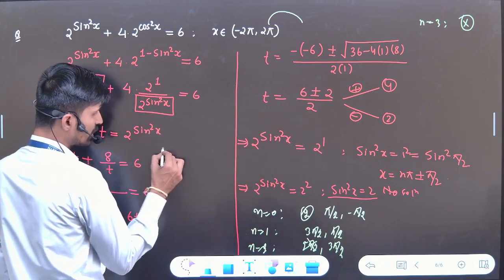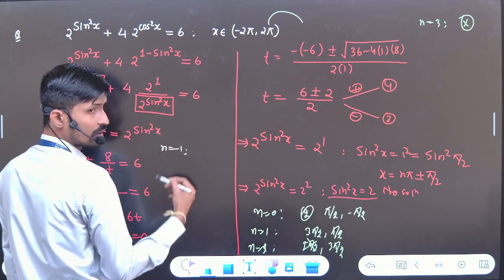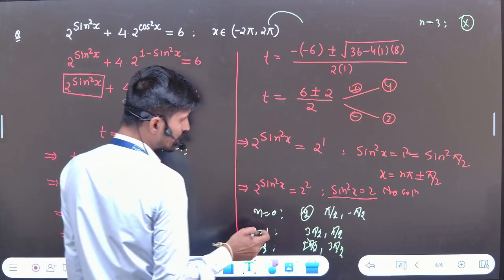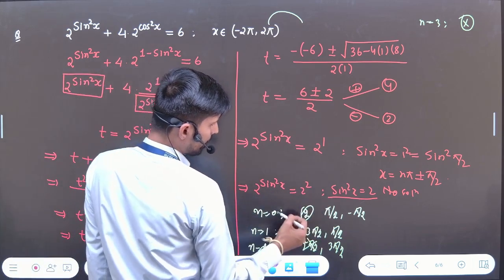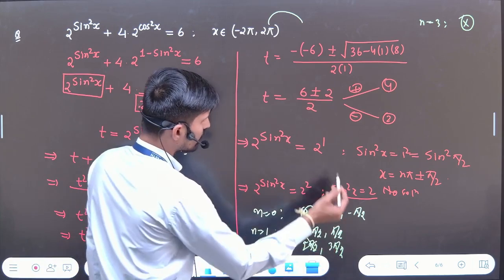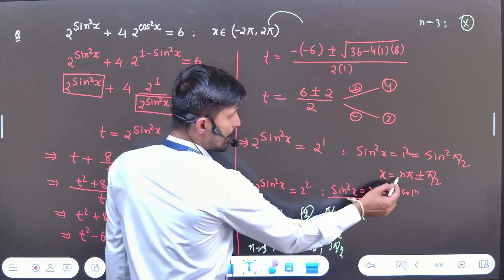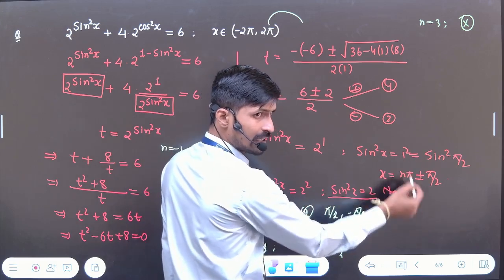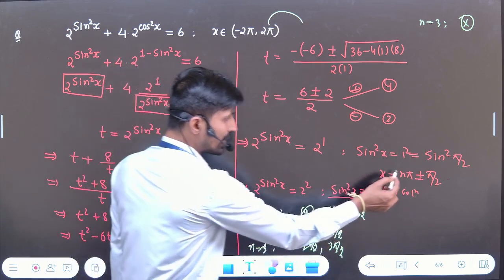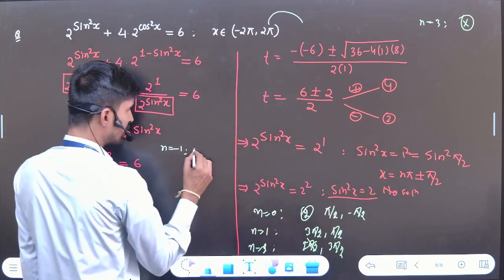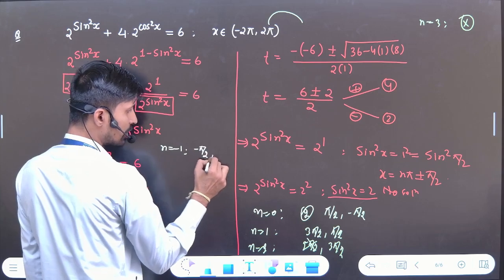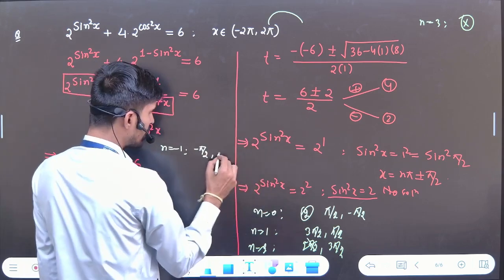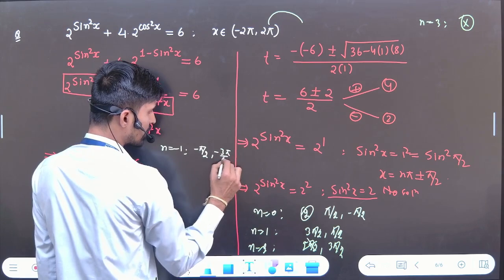n is equal to minus 1. When we put minus 1, what will we get? Minus pi plus pi by 2 and minus pi by 2. So minus pi plus pi by 2, minus pi by 2 we will get. Minus pi by 2, minus 3 pi by 2 we will get.